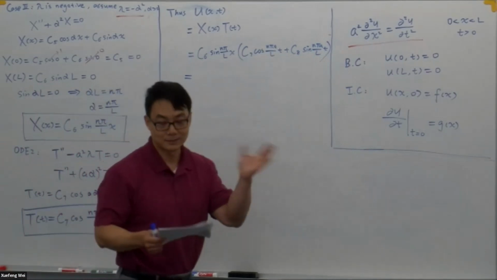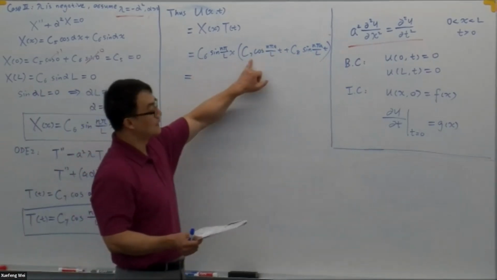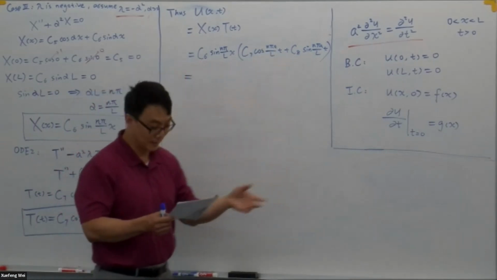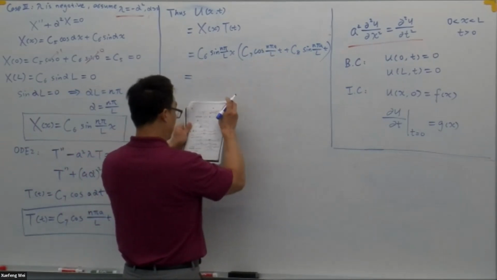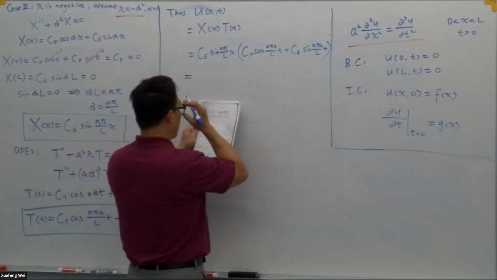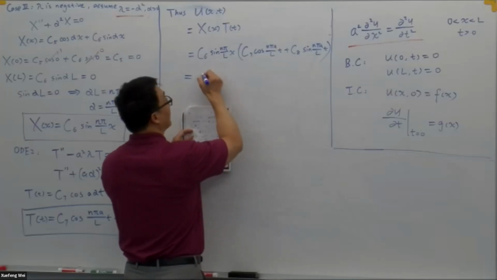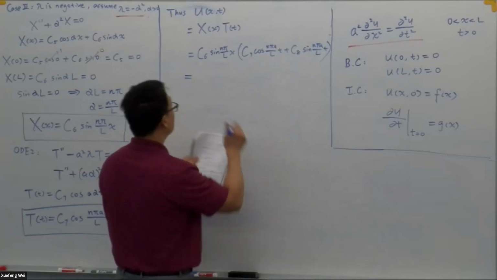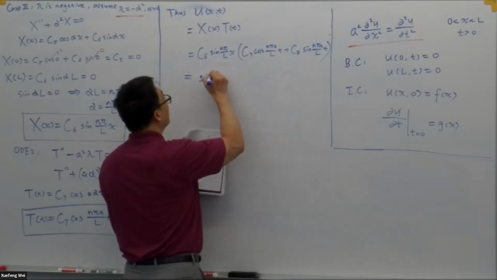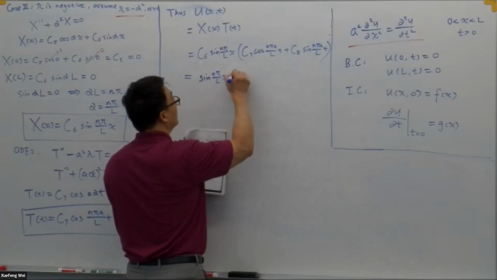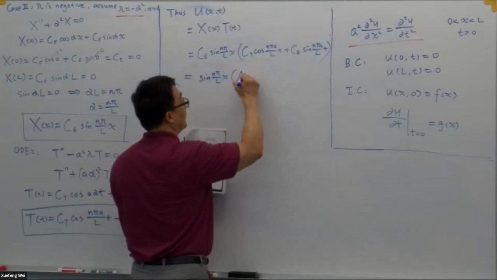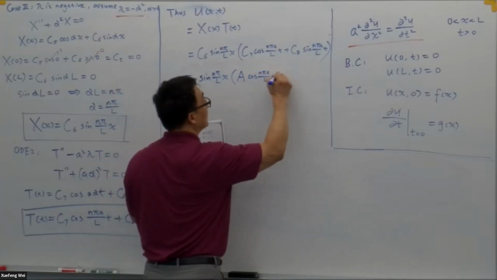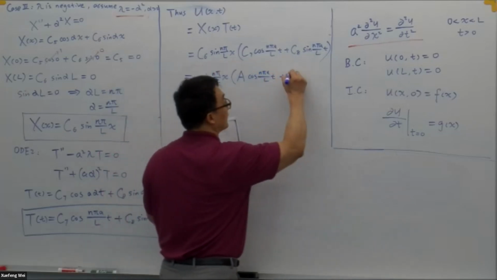I call C6 C7 A, and C6 C8 B. So I'm just going to rewrite this as sine(n pi over L x) times A cosine(n pi a over L t) plus B sine(n pi a over L t).